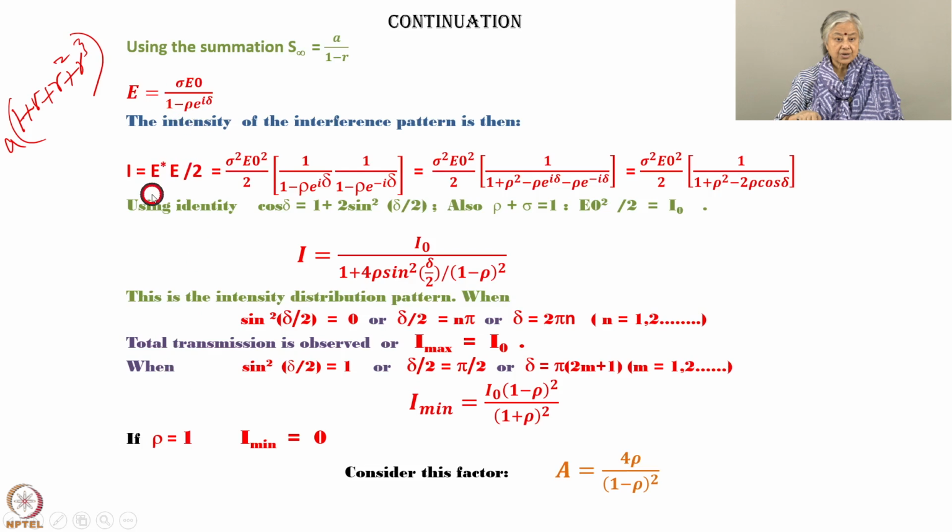I have found the electric field E, and E star E divided by 2 is the intensity I. If I just do this kind of algebra, it equals this whole factor, and this part I have written in terms of cos, rho e to the power i delta and rho e to the power minus i delta.